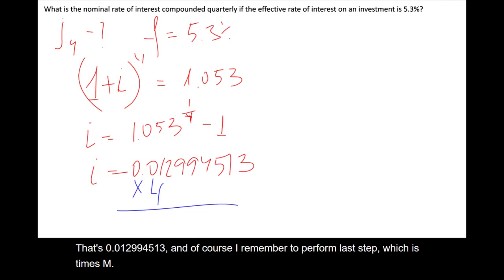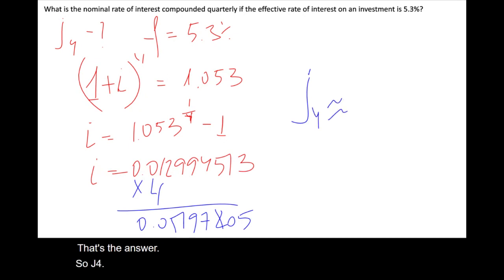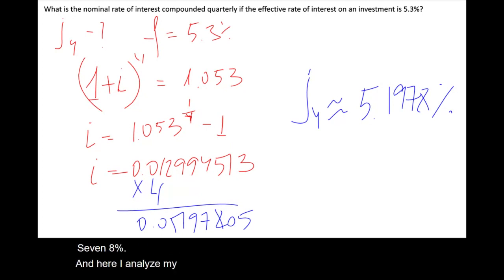In our case it is 4. That's the answer. So J4 is approximately 5.1978%.